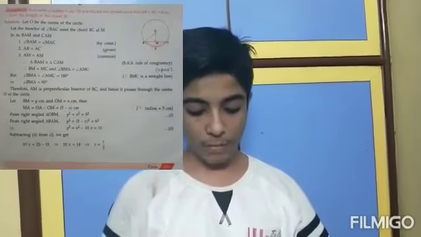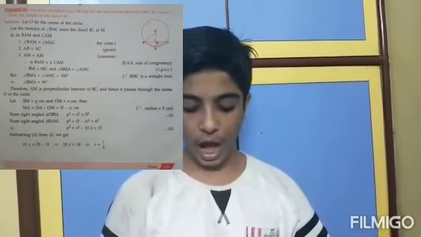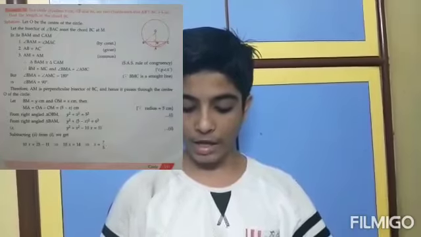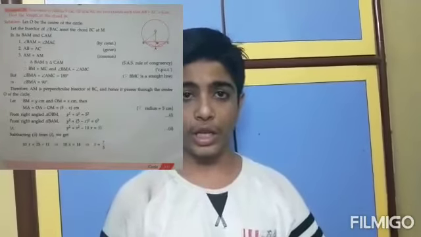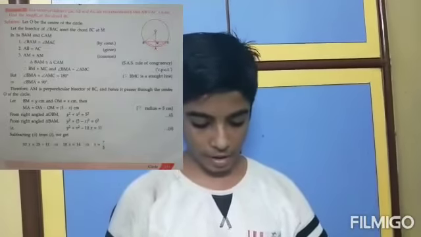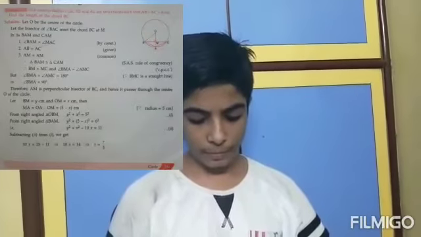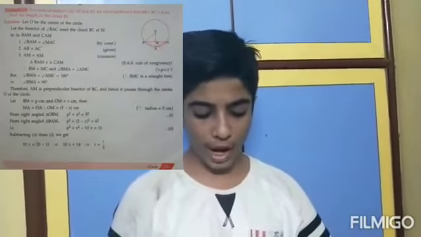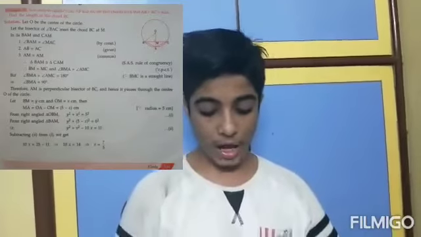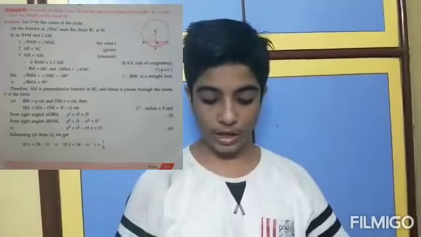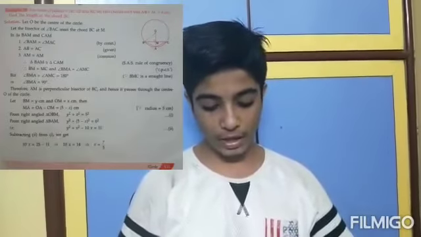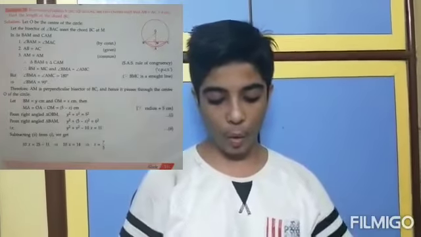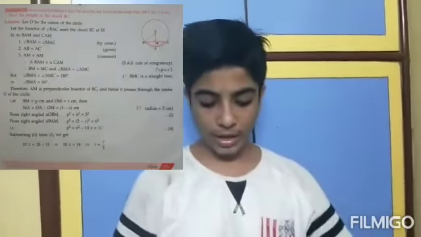Therefore, AM is the perpendicular bisector of BC, and hence passes through O, the center of the circle. Let BM be equal to y centimeter and OM be equal to x centimeter. We assume BM is equal to y centimeter and OM is equal to x centimeter.